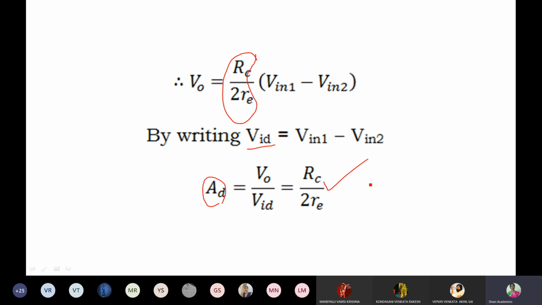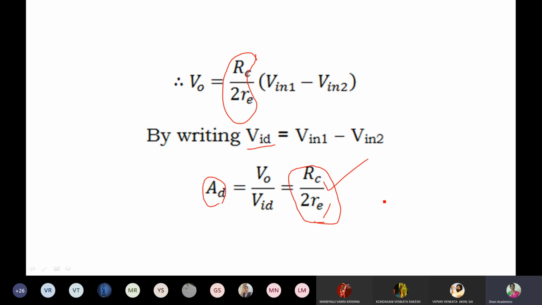I repeat, the differential gain of the unbalanced output amplifier is half of that of the balanced output amplifier. So if it is a double ended output, we get RC by RA. If it is a single ended output, we get RC by 2RA. That means half of it.